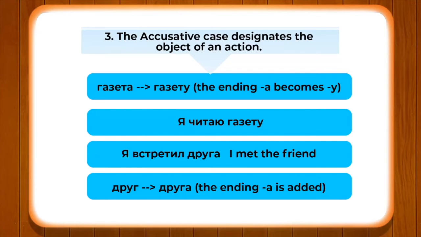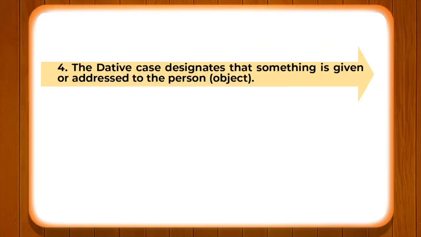Okay. So now we will go ahead and pay attention to the fourth one, known as the fourth case is dative case or дательный падеж. What do we do in this case? In this case, it helps us designate something which is given or addressed to. So like if I am writing a letter, I am writing a letter to whom? So when we have these kind of questions, кому, then we use dative case.